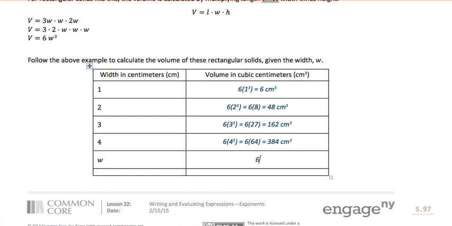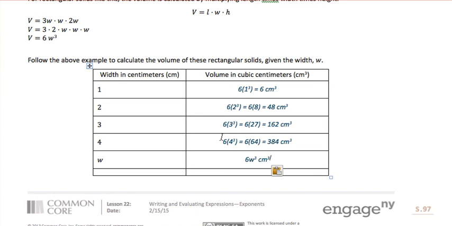And so it follows that 6 times w cubed, and our units are in cubic centimeters, would be the formula. Please notice that I did not put w in parentheses in this case.